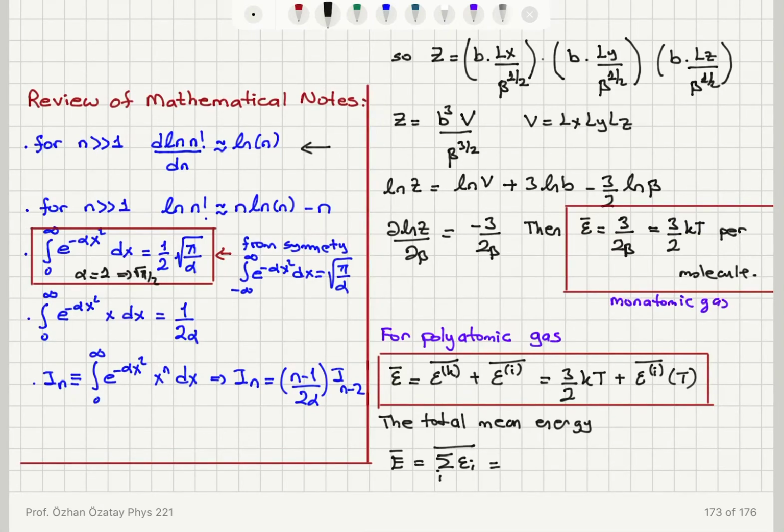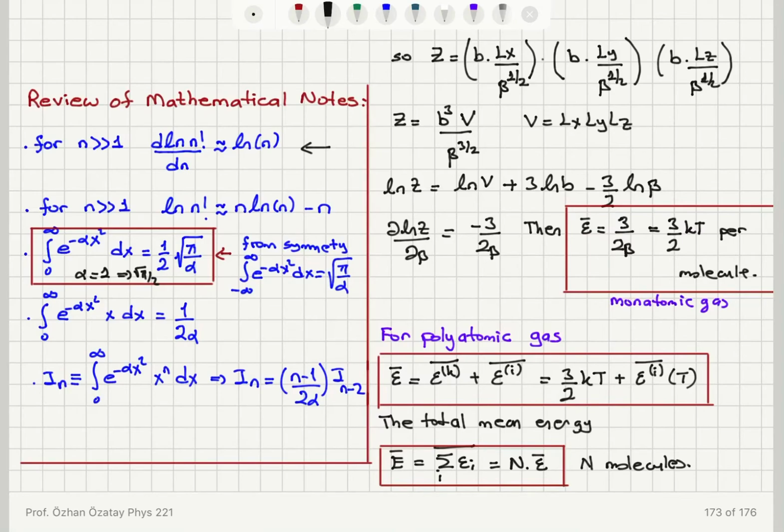Because the molecules do not interact, they have the same mean value of their energies, so this will be just the number of molecules times the mean energy of one molecule. So for N molecules, this is for N molecules.